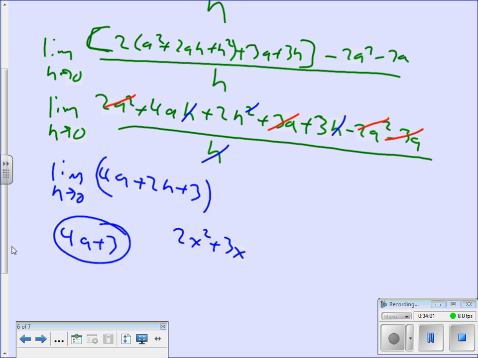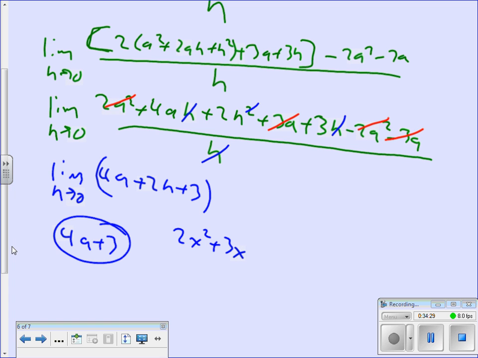Sorry, my arithmetic wasn't going. But this is the slope at any particular value. I can now find the slope of the tangent line to any point by plugging it into a formula rather than having to do that limit thing all over again and again and again. That's what this is. This is the formula for the slope at any particular value a.